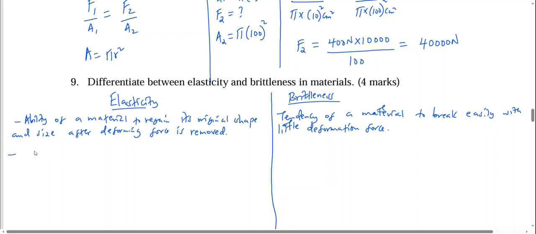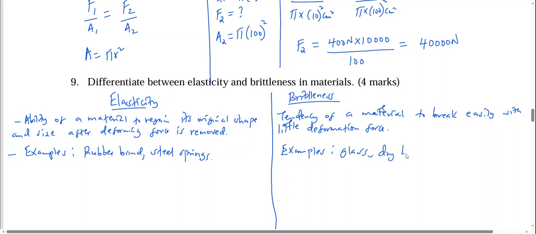Therefore, examples for elasticity include rubber bands and steel springs. And for brittleness, examples include glass and even dry biscuits.